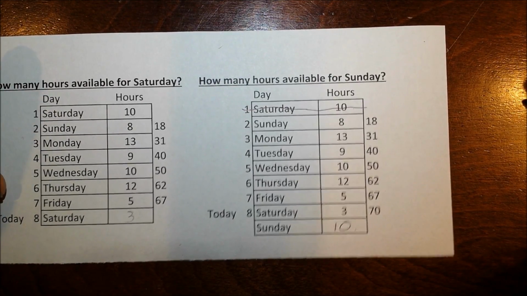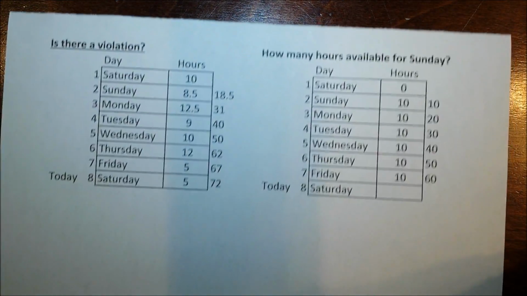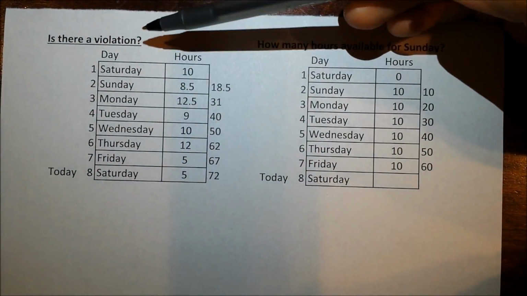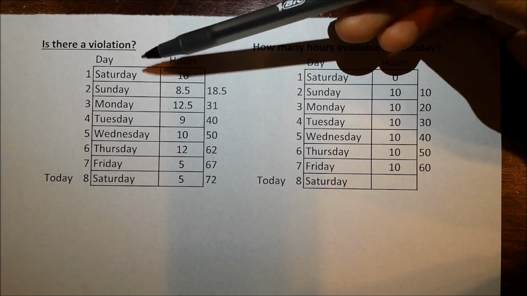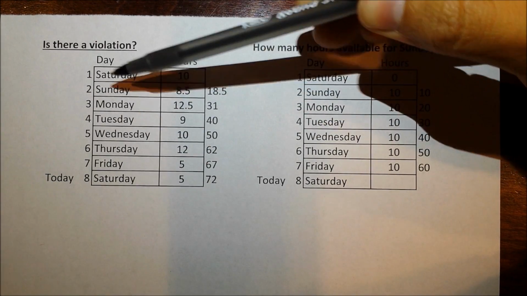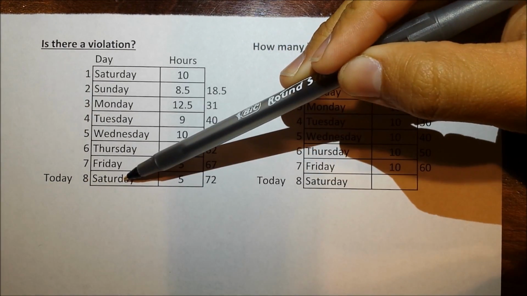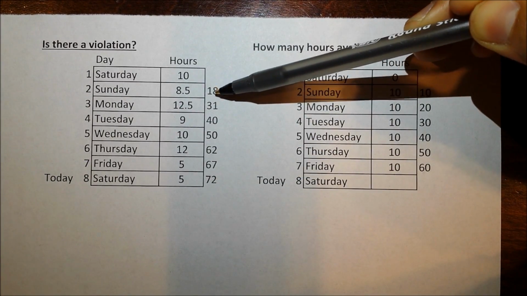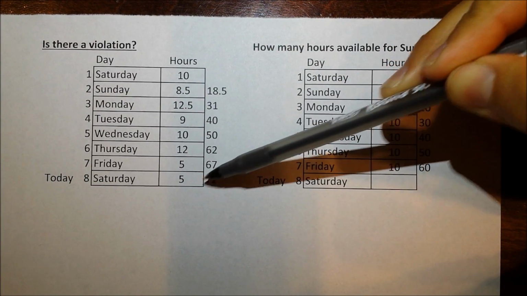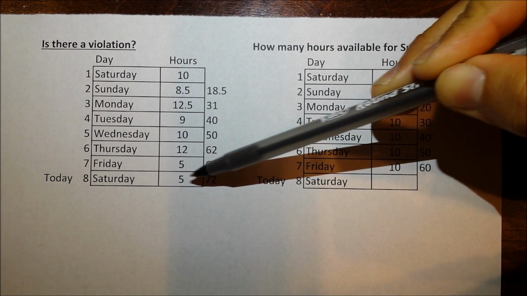Let's look at another example. This example asks us the question, is there a violation? So let's find out. We have our 8 days here, with today being Saturday. We already calculated the whole week, and we ended up with a total of 72 hours for Saturday.